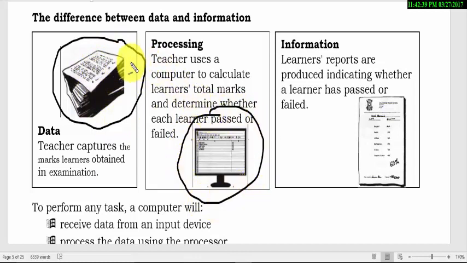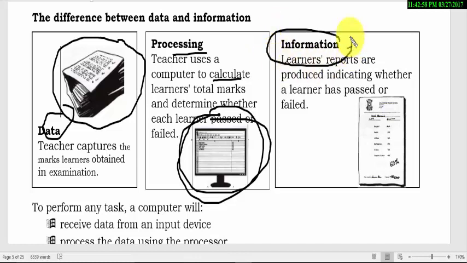The work which is being entered into the computer is what we call data. When the teacher is calculating, finding the total marks the children got, it is what we call processing. Now the results which the teacher writes on the report forms is what we call information.